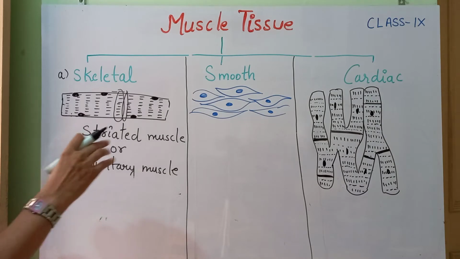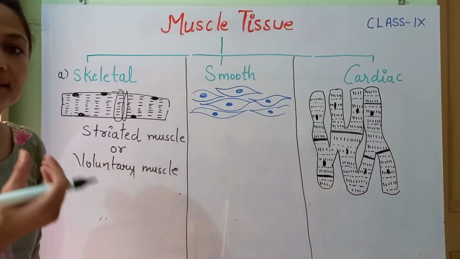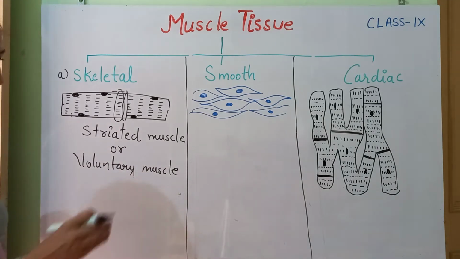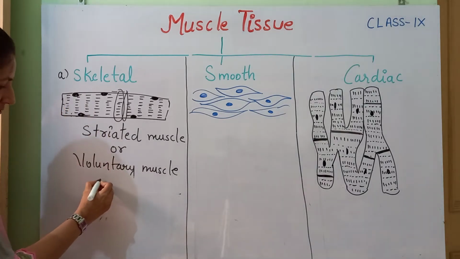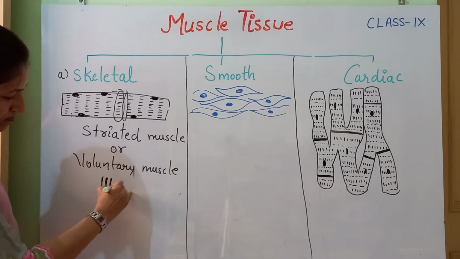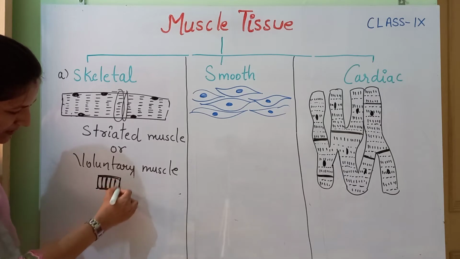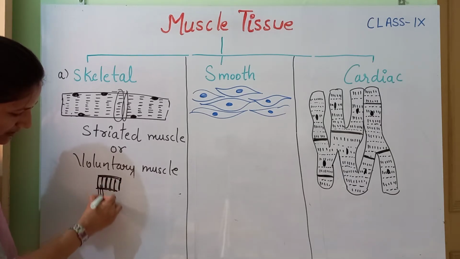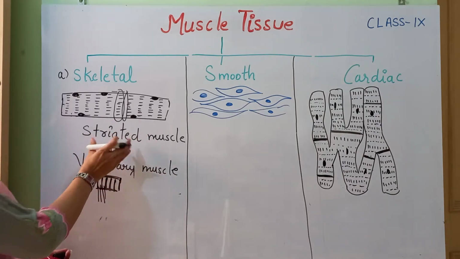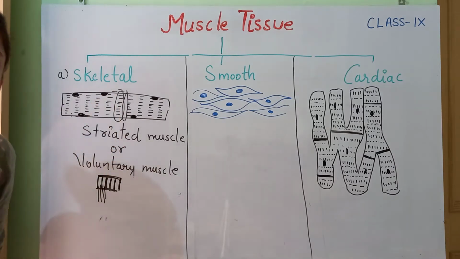So these kinds of striations, when the muscle cells are stained with a dye and observed under the microscope, then we observe these kinds of dark bands. Dark, light, dark, light. So this is called striations. So that's why the bands are observed. That is called striated muscle.